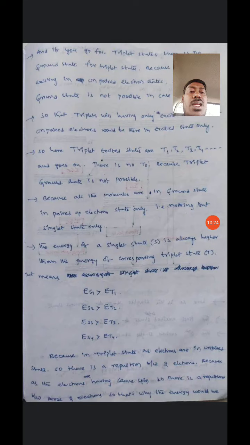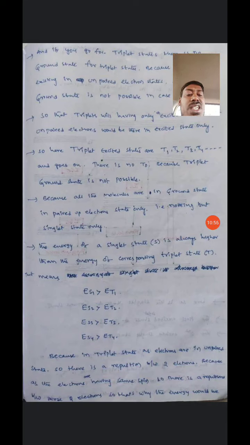There is no T0, because the triplet states are not in the ground state. In triplet states the ground state is not possible, because all the molecules in the ground state have paired-up electrons, that is nothing but the singlet state only.